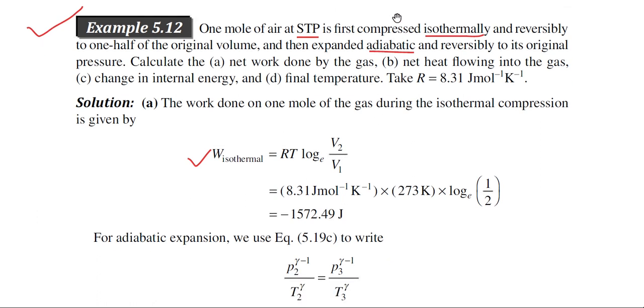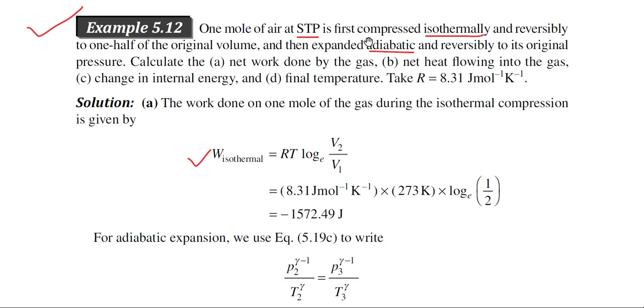Next problem. 1 mole of air at STP is first compressed isothermally and reversibly to 1/2 of the original volume. So there was some air. How much air? 1 mole of air, which was at STP.